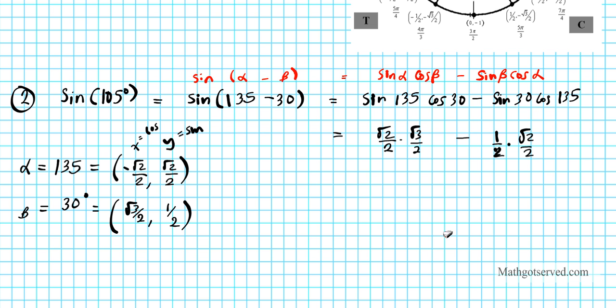All right, so we're going to multiply these out, and that's going to give us root 6 over 4 minus root 2 over 4. That can be written as root 6 minus root 2 over 4. And there goes your final answer.